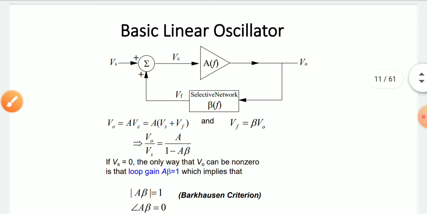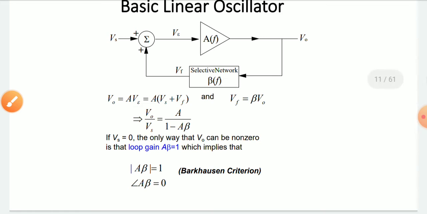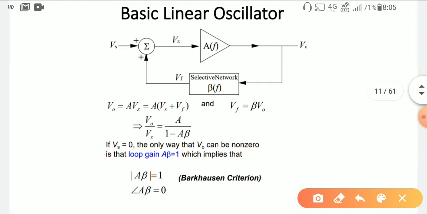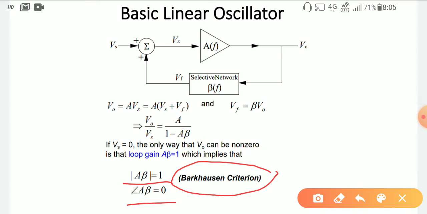So if you conclude, Vs equal to 0 only when the magnitude of A beta is equal to 1 and the angle of A beta is equal to 0. This particular condition is specified as the Barkhausen criteria.